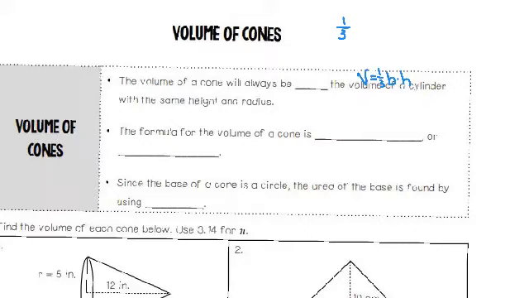So we will write this: volume equals 1/3 pi r squared times height. And that's it. So now we just use this formula just like we did with the cylinders on Friday. Base is using pi r squared, the area of that circle.